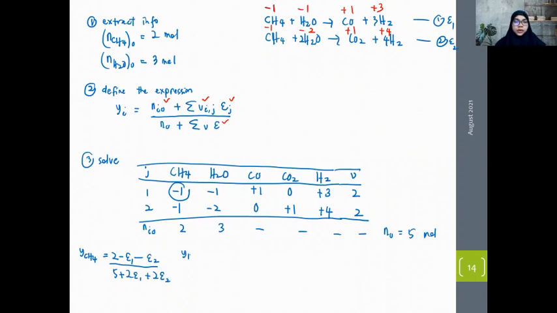And then for water, we have 3 minus the first coordinate, minus 2 times the second, over 5 plus 2 plus 2.